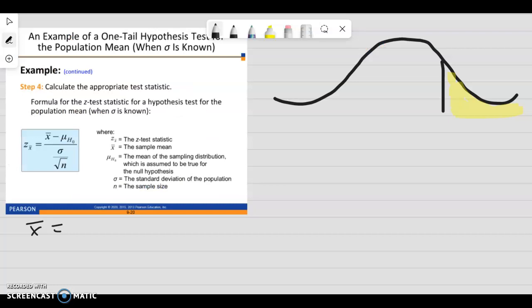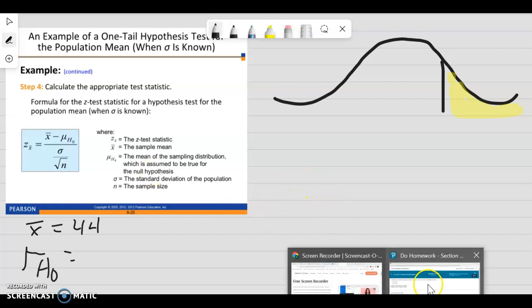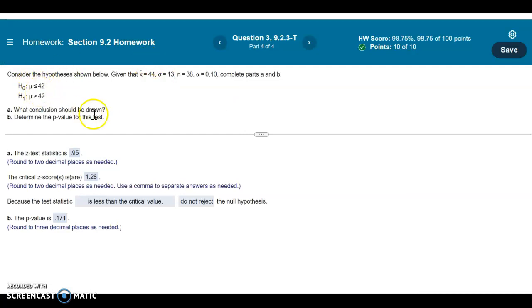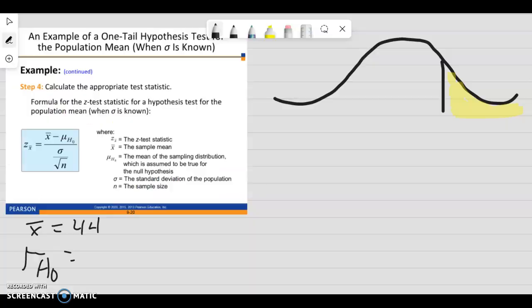X bar is 44. Then the mean of the sampling distribution, which is assumed to be true for the null, what we're testing here. So we're testing that the mean is 42. So our value is 42 for that.